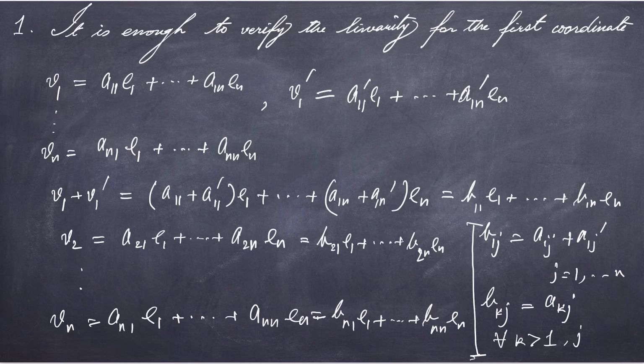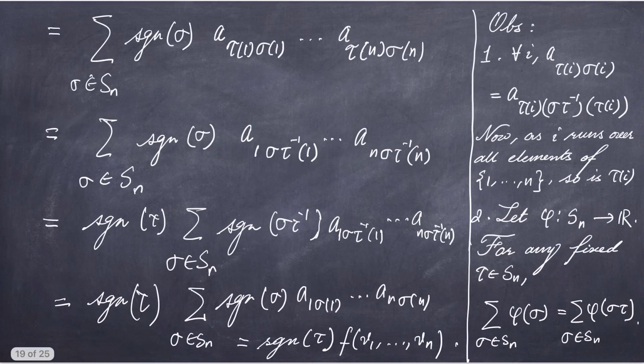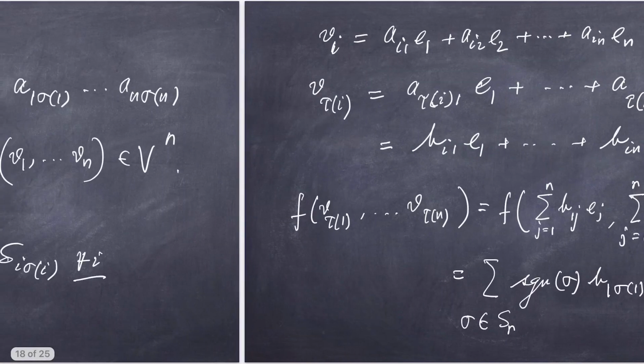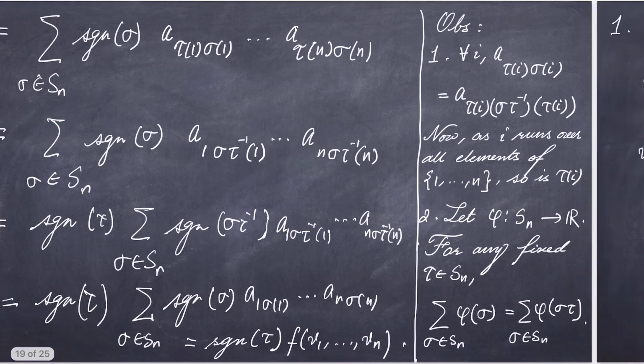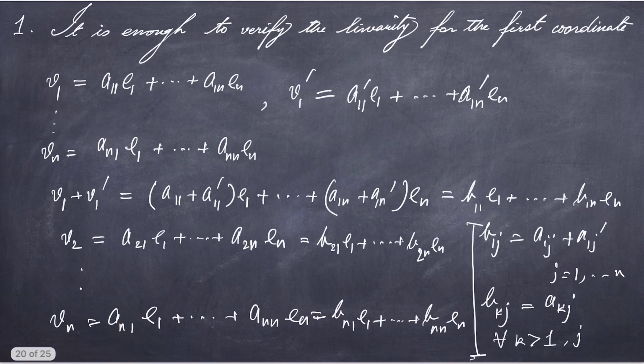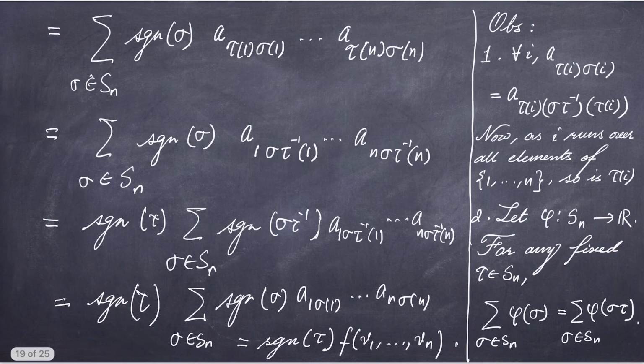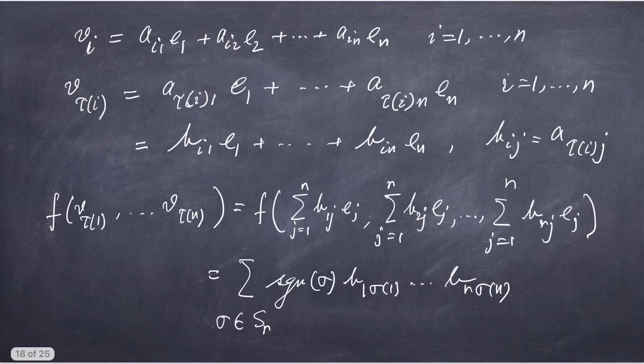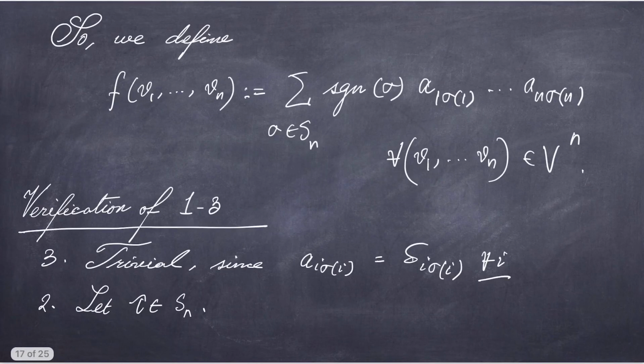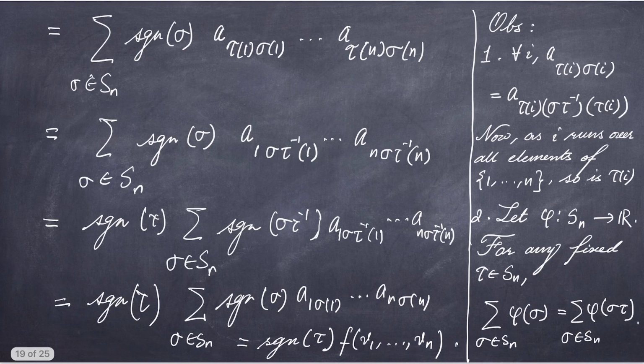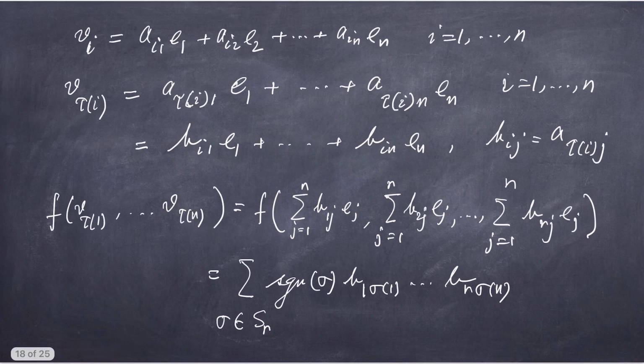So in view of the skew-symmetry, we see that it suffices to prove the map is linear in the first variable. For that, our technique is exactly similar to what we have done here.